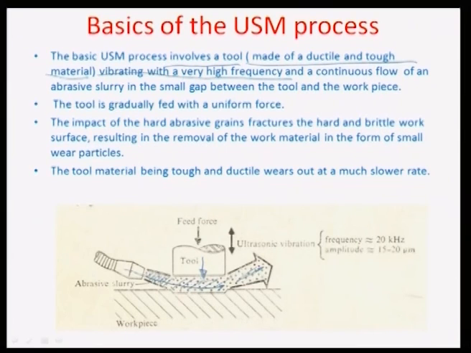So, it is a dynamic equilibrium: the grain comes here, gets squeezed between the tool and the workpiece, causes a brittle fracture, the material moves away, and the slurry moves along with the grain and the material outside, so that new slurry can occupy its place for better cutting action on the next cycle of the tool. The tool is gradually fed with a uniform force, and the impact of the hard abrasive grain fractures the hard and brittle work surface, resulting in the removal of the work material.